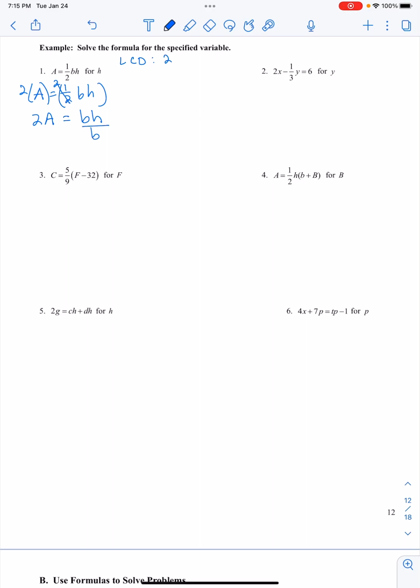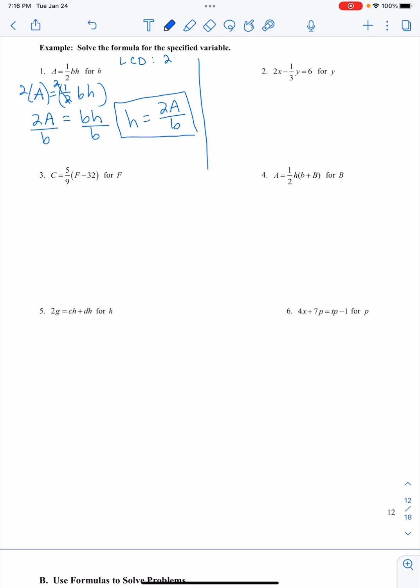So to get h by itself, we have to undo multiplication. So h will be equal to 2a divided by b. When you're doing these problems in MyMathLab, be very careful to keep capital letters capital and lowercase letters lower when you're entering in answers. So let's try number 2.